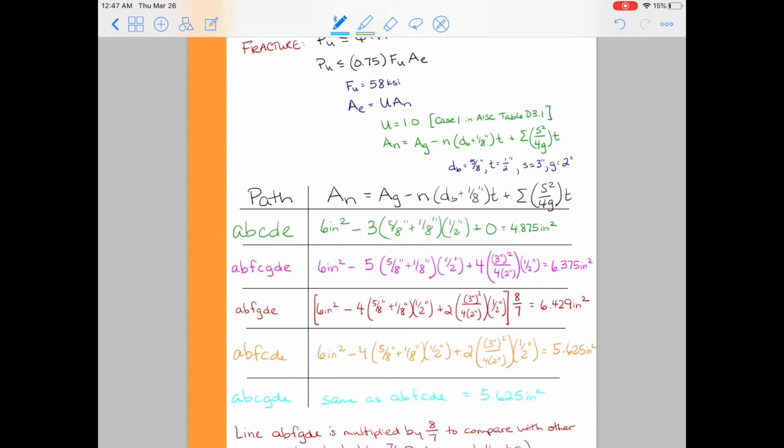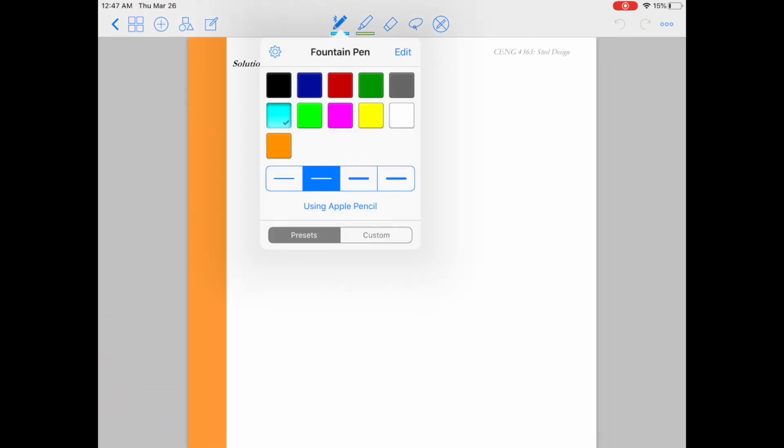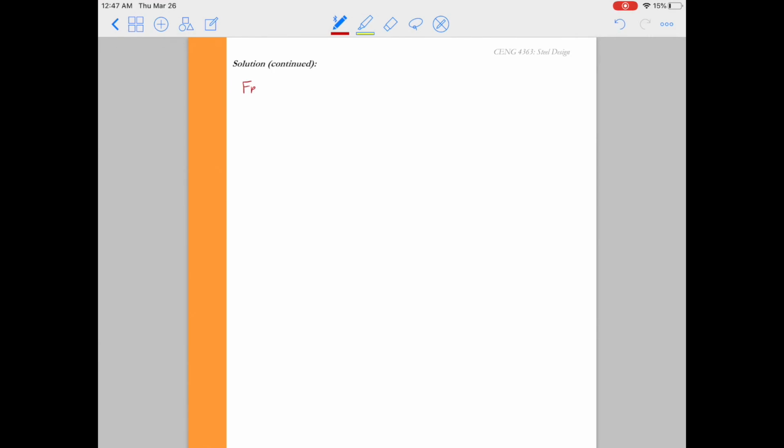So now that we have all the net section areas, we can go ahead and figure out which one's the most controlling. The one that has the lowest net section area will result in the lowest nominal capacity of our section, and so that's going to be the green area, ABCDE. So we'll continue our calculations on the next page.